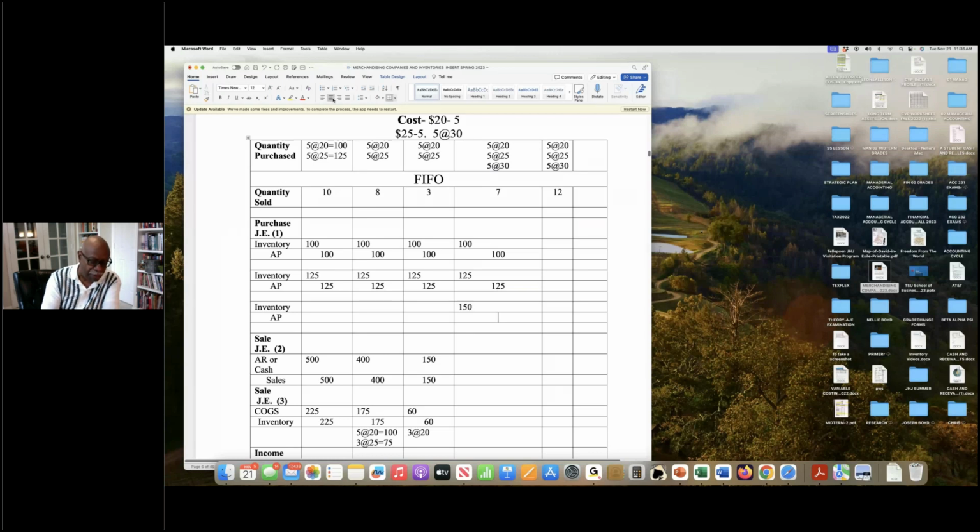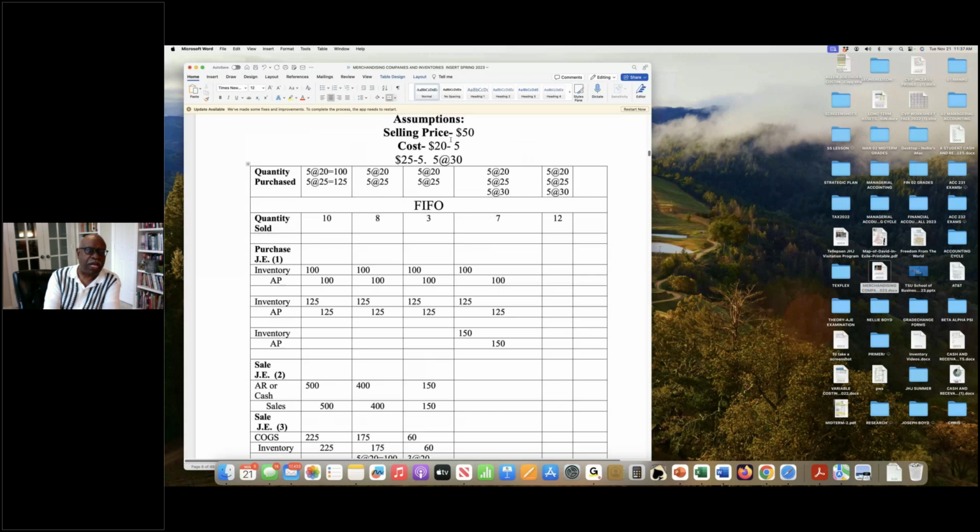So these are our purchases of inventory. We got 3. So 7, so all the shoes, we sell them for the same thing. We don't change the prices.